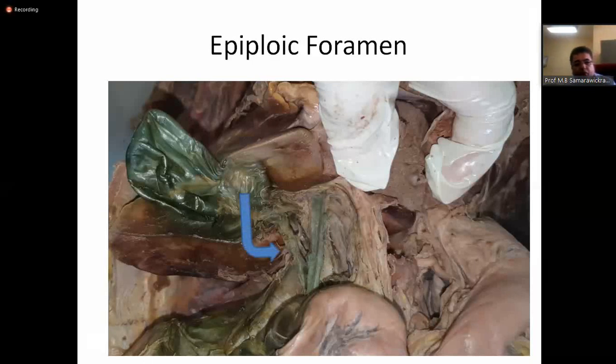And the epiploic foramen is bounded anteriorly by the structures in the free border of the lesser omentum, which contain, you can see, the bile duct, the portal vein and the hepatic artery.